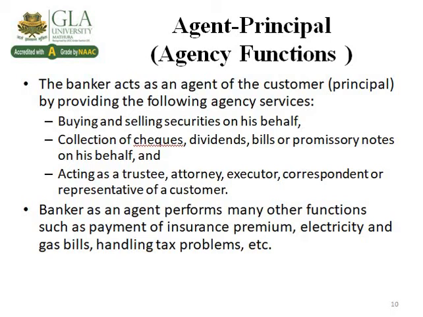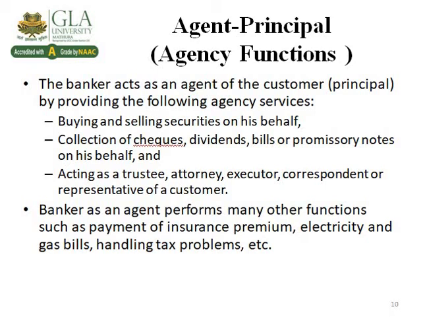To name a few services which can be taken as examples of agency services: buying and selling securities on customers' behalf, collection of checks, dividends, bills or promissory notes on customers' behalf, and acting as a trustee, attorney, executor, correspondent or representative of a customer.